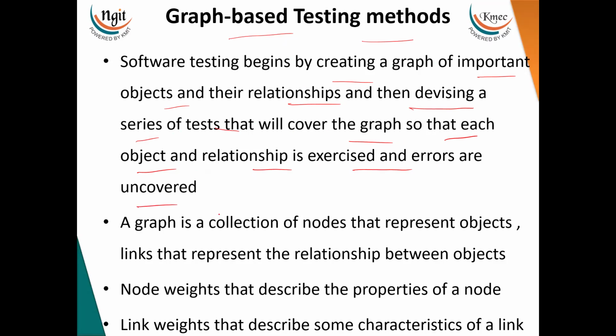A graph is a collection of nodes that represent objects, and links that represent the relationship between objects. Node weights describe the properties of a node, and link weights describe some characteristics of a link.